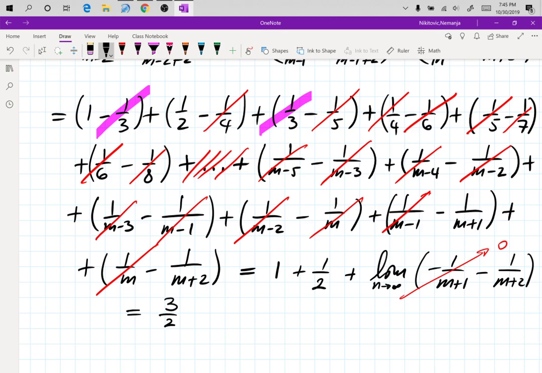What's next? Well, ln of n minus ln of n plus 1. 1 over square root of n minus 1 over square root of n plus 1. Or n plus 3, right? And how many parentheses do you have to write?